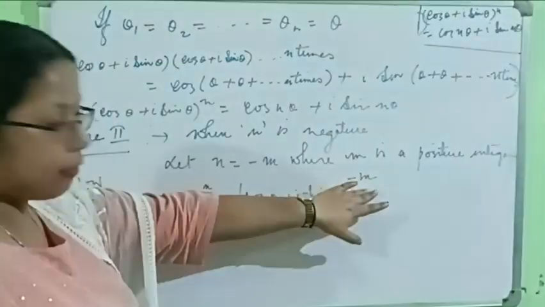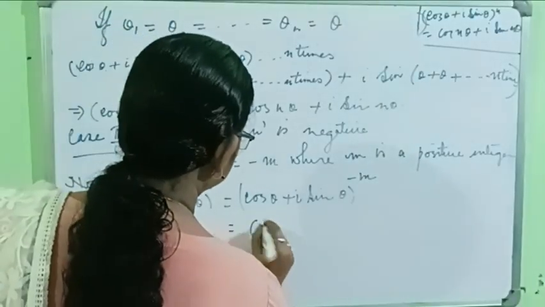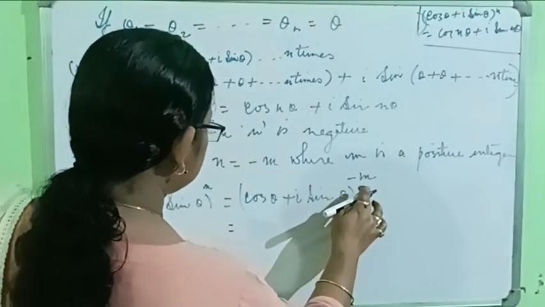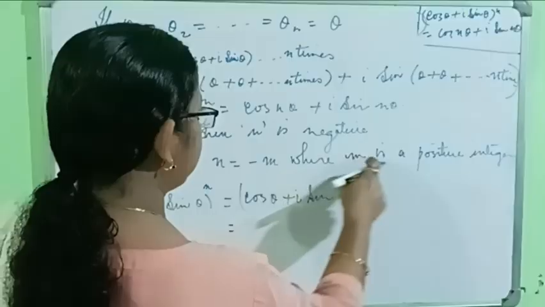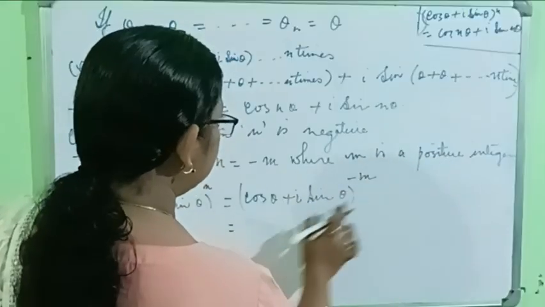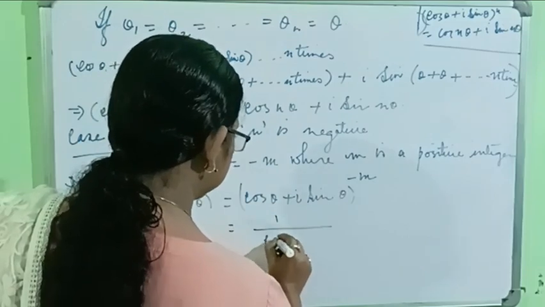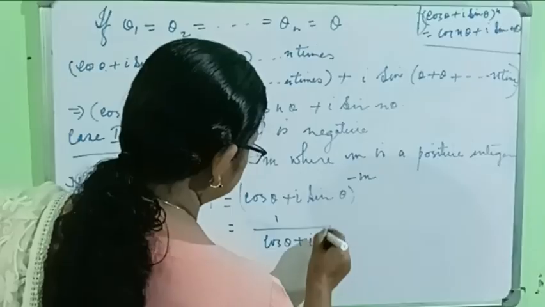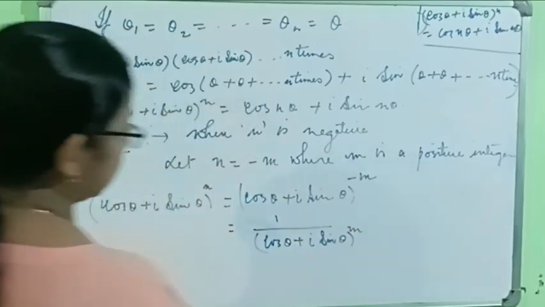If I replace n by minus m, where m is a positive number, then since the power is negative, I can write this as the reciprocal.